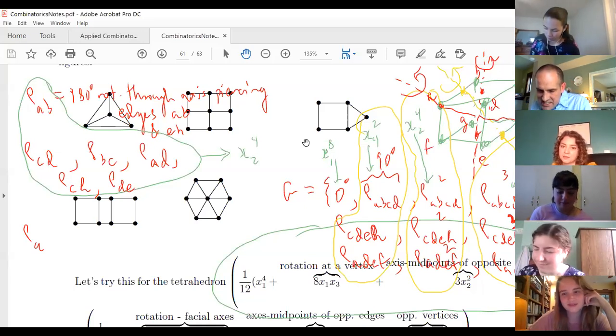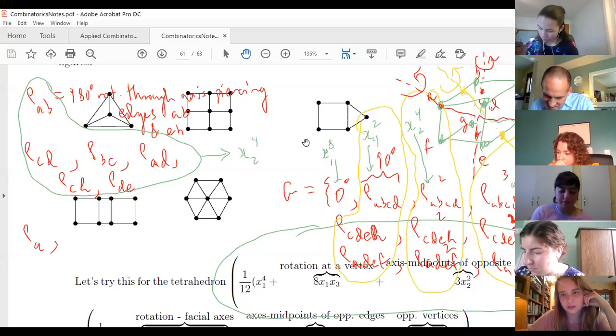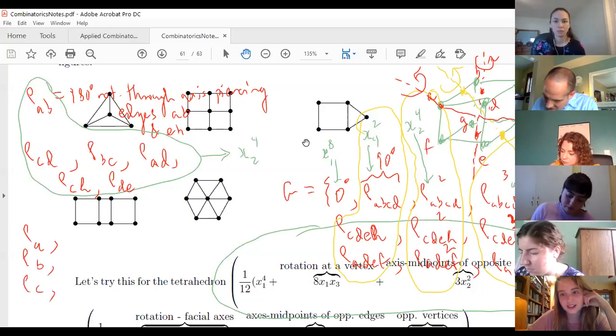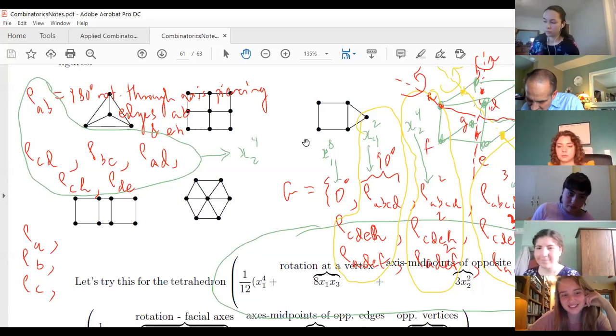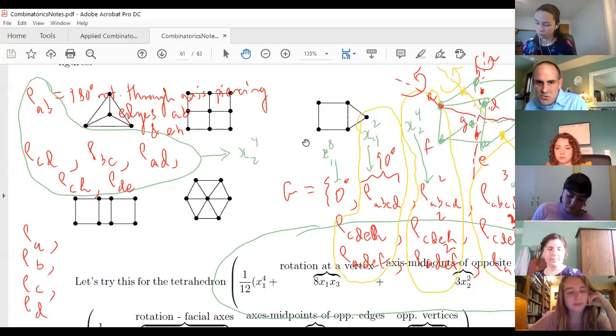Kind of rotating in that direction. So there's row A, but what else would there be? Row B, row C, row D.